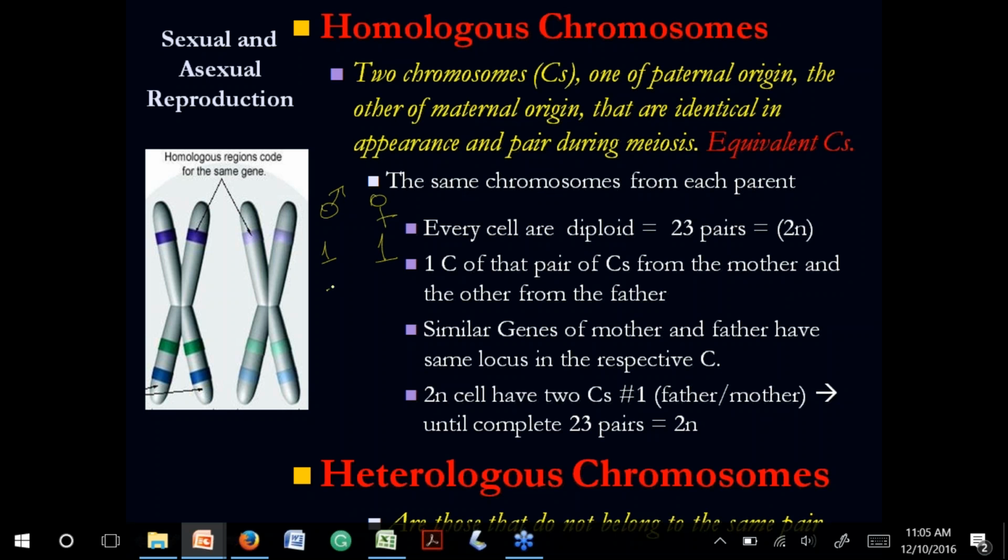So if you compare chromosome 7 of the father with chromosome 7 of the mother, same chromosome comparison, those are going to be homologous. But if you compare 1 to 7, these chromosomes in comparison are going to be heterologous. Why is this important? Because if you have, for example, the color of your hair in chromosome 1, okay?